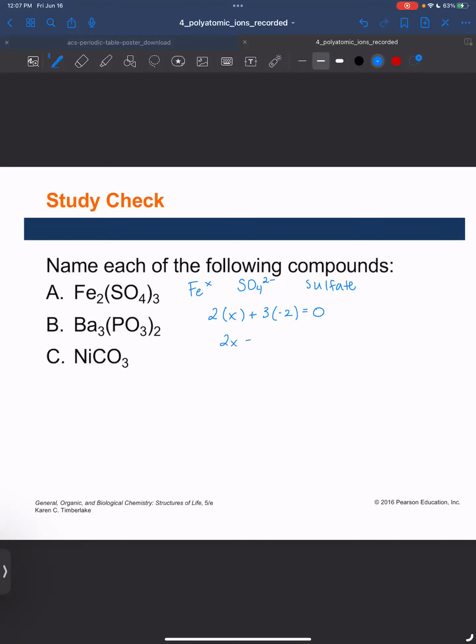Simplify: 2x minus 6 is equal to 0. 2x is equal to 6. And then x is equal to 6 divided by 2, which is 3. So iron has a +3 charge. Just writing my notes down here. And so when we write the full name, we write iron and then Roman numeral 3 for the charge, and then sulfate.